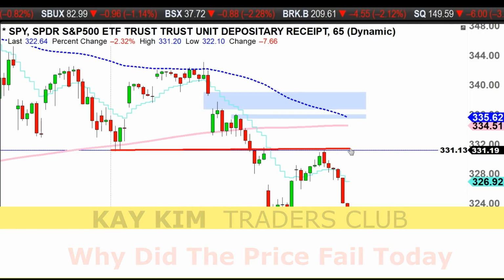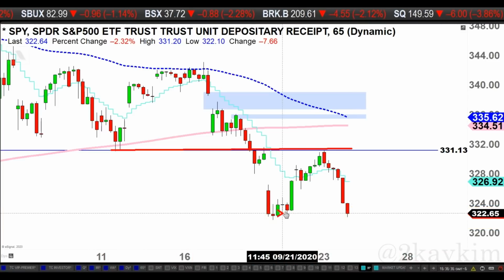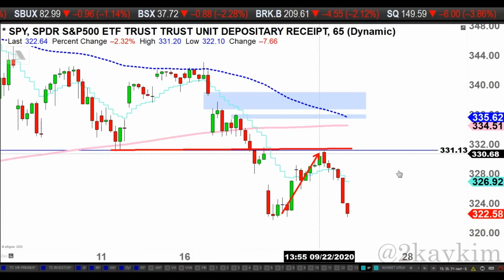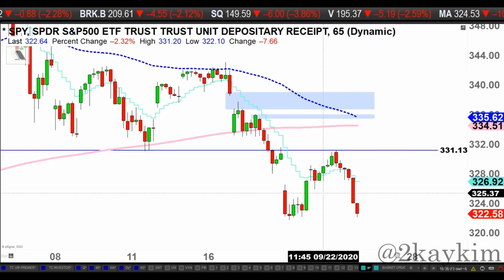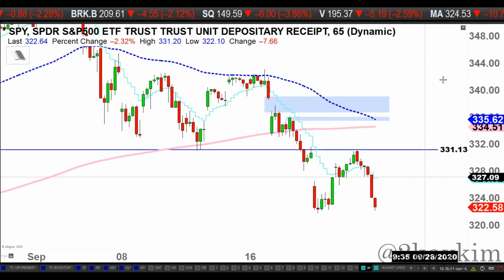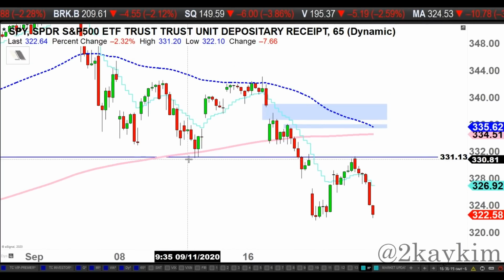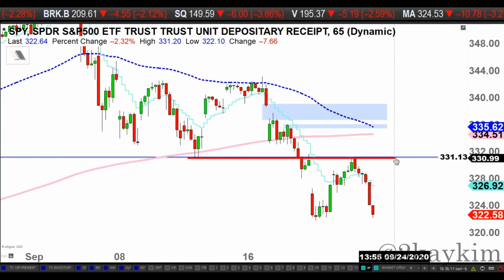Despite this bullish run in the last few days, I was labeling this market as bearish in the short to midterm, because when the trend is down, these levels are likely to act as resistance.